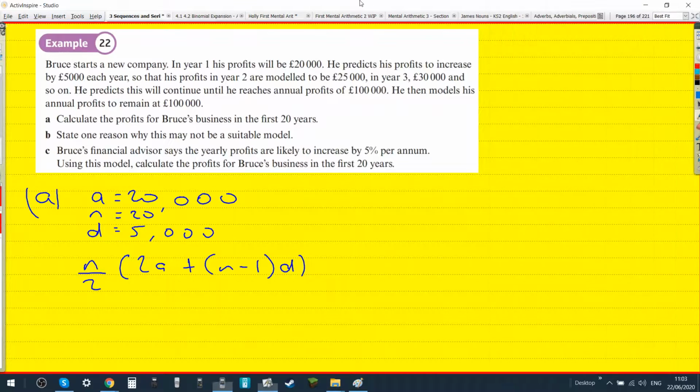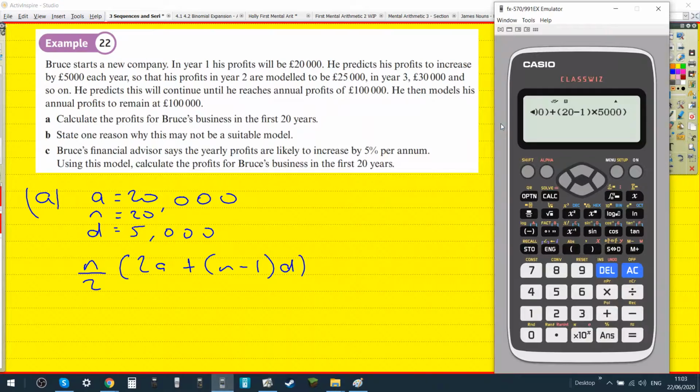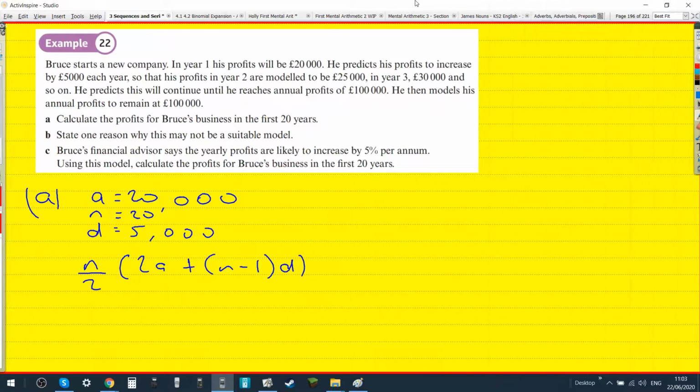Let's see. 1,320. Is that what you got? No, 1.32 million? I got 1,345. Where did we go wrong here?